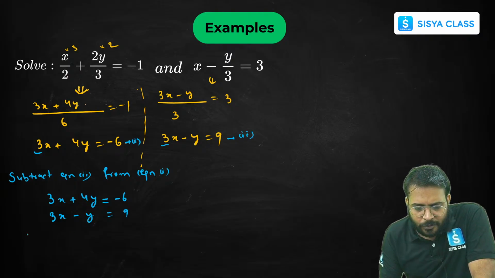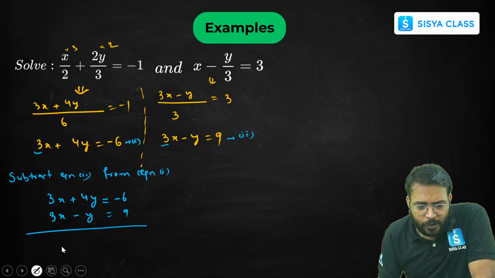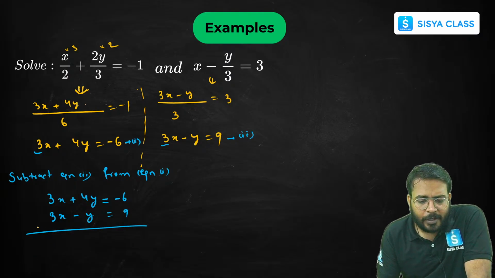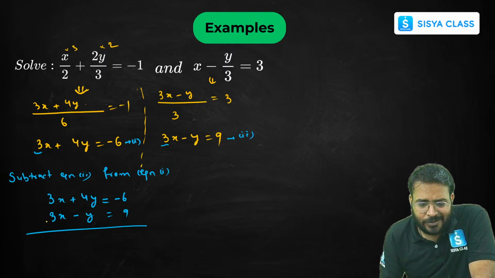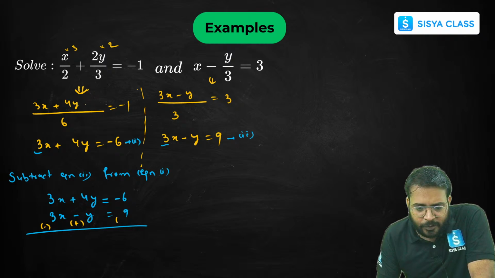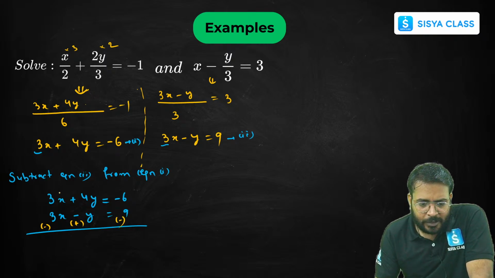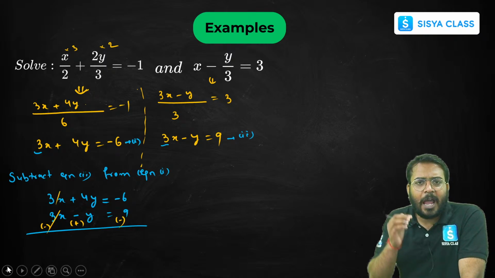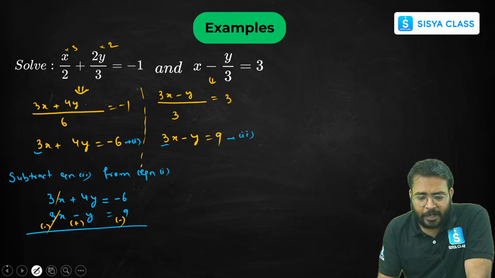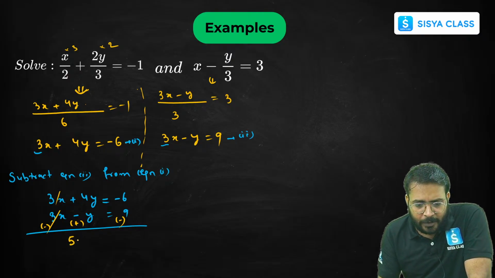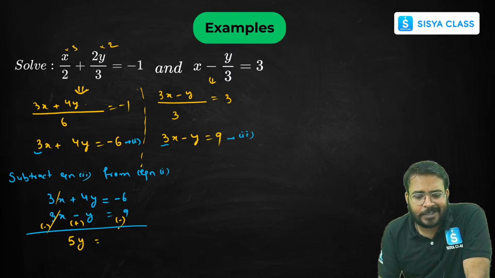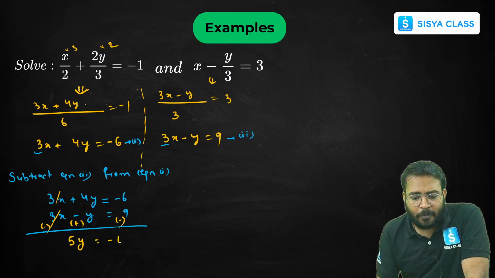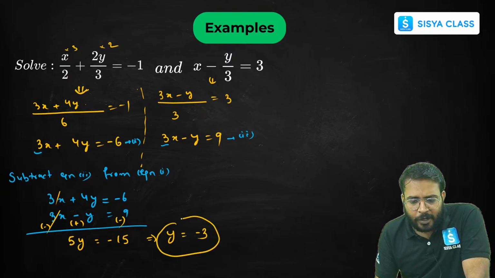Since I am subtracting equation 2 from equation 1, all the signs of equation 2 will get changed: plus will become minus, minus will become plus, and plus will become minus. So plus 3x and minus 3x will get cancelled, and plus 4y and plus y, you will get 5y, and here you are going to get minus 6 and minus 9, that is minus 15, and that's why the value of y is going to be minus 3.